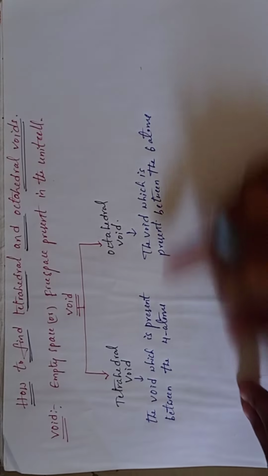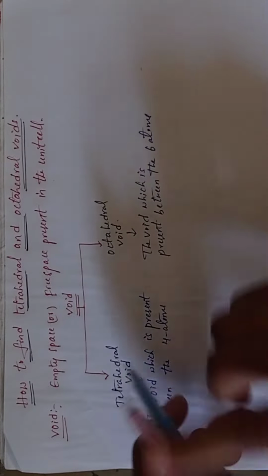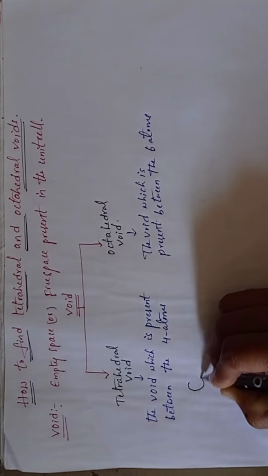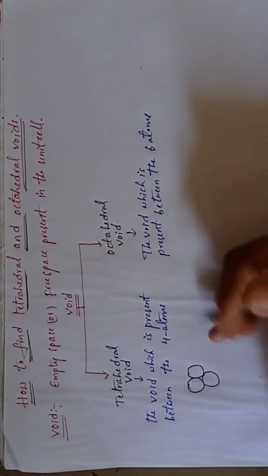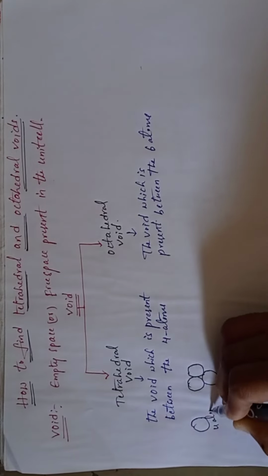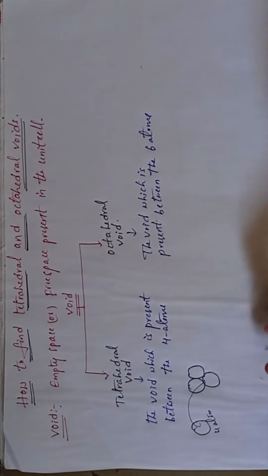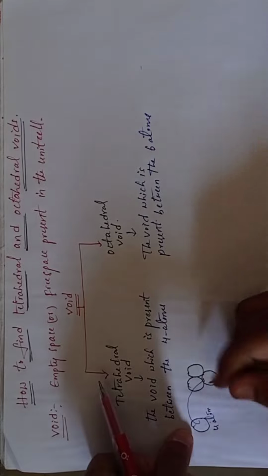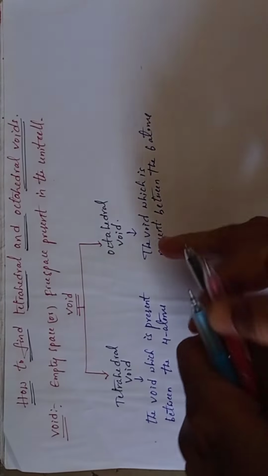Clear students? The void which is present between the four atoms. Okay, I am taking the four atoms. Now see, these three atoms are in touch with one another, and the fourth atom I am taking just above the three spheres. Now I am keeping this fourth sphere above these three spheres, we will get the empty space, correct?